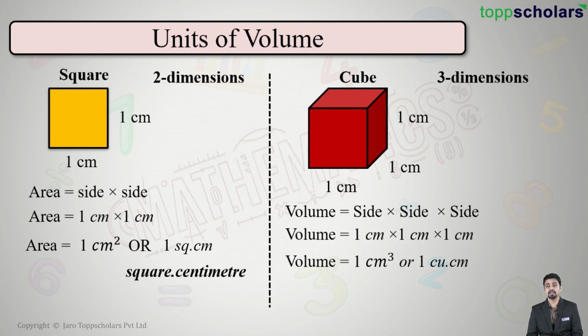How do we multiply? 1 into 1 into 1 gives me 1, and centimeter into centimeter into centimeter 3 times. So we get centimeter cube, and 1 centimeter cube is also written as 1 cu, that is cubic centimeter, right?